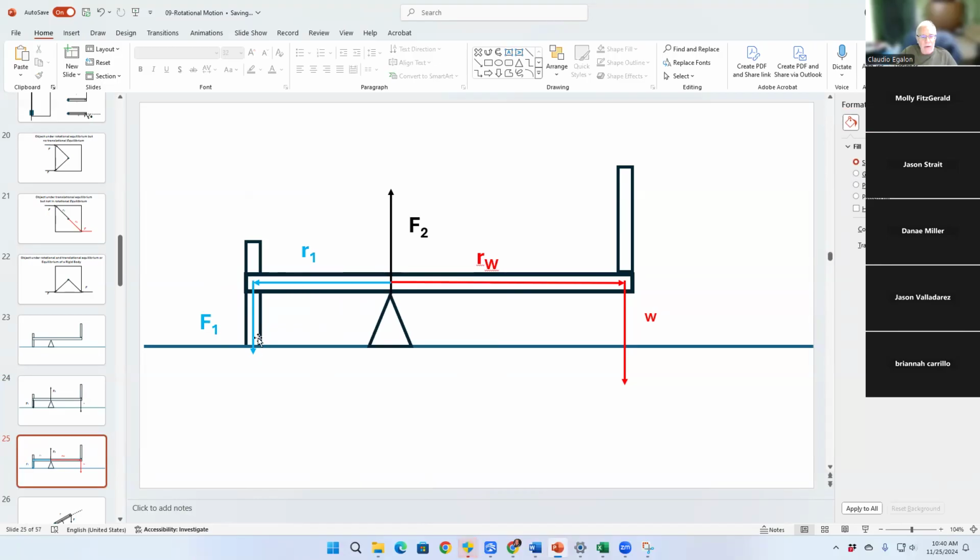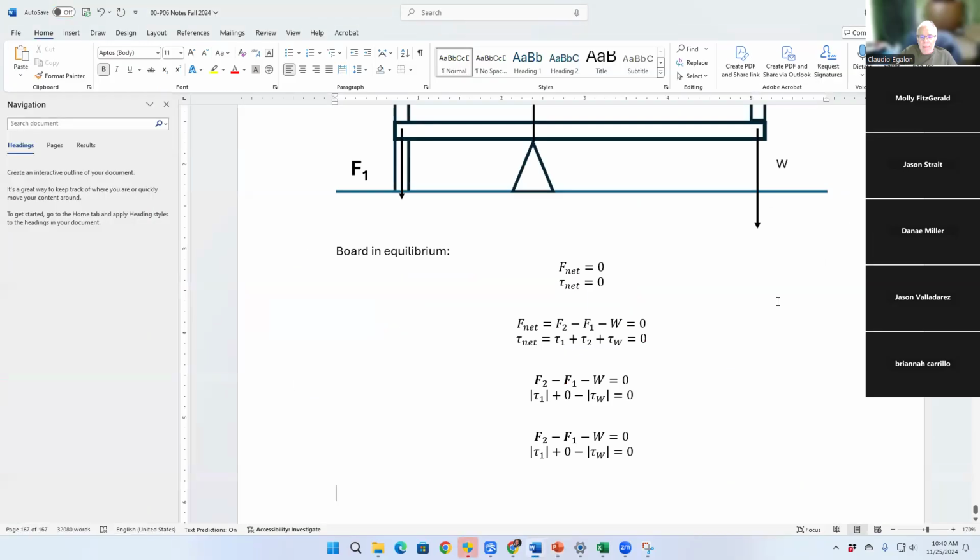Notice that this vector here is perpendicular to this other vector. The sign, we already determined the sign. Consequently, what we are going to have here is R1 times F1. We don't need the 0 anymore. This one is going to be RW times W.